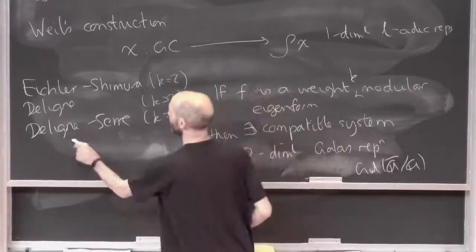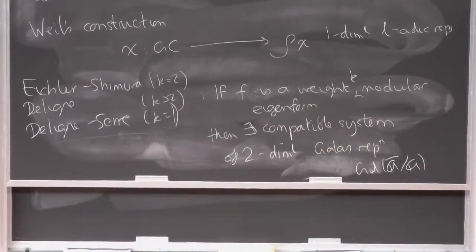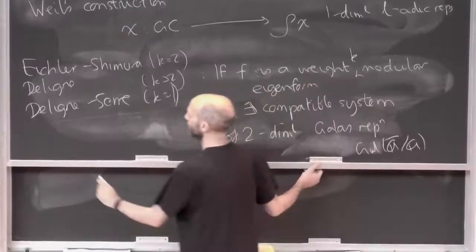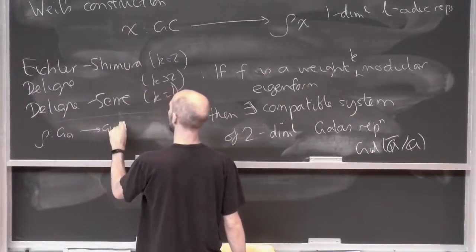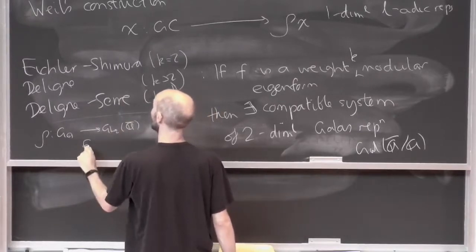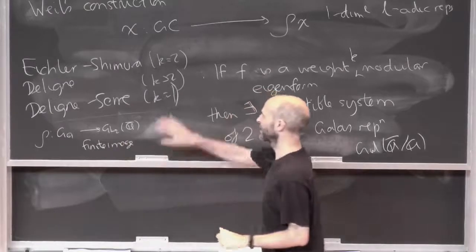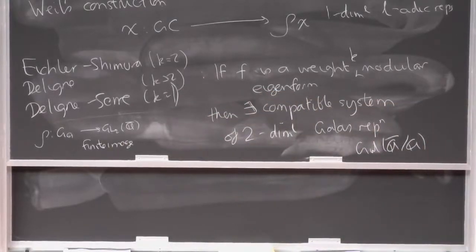So that's what happens in weight 1. In weight 1, the image is finite, and the fact that there's a compatible system is kind of a misleading assertion. In weight 1, you get rho from Gal Q bar over Q, basically to GL2 of Q bar with finite image. So that's a slightly different situation to weights 2 or more, and somehow it needed a separate argument.